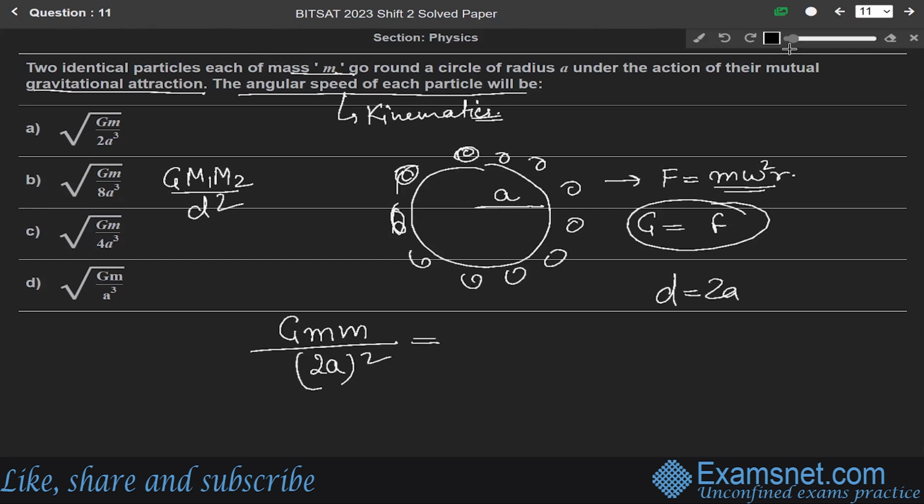It will be equal to the centrifugal force m omega square r, and r is a, so in place of r we write a. Solving it, the m cancels. Omega square will be equal to G m over 4 a square into a.